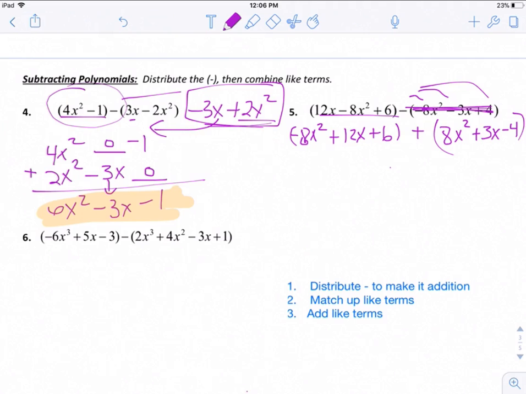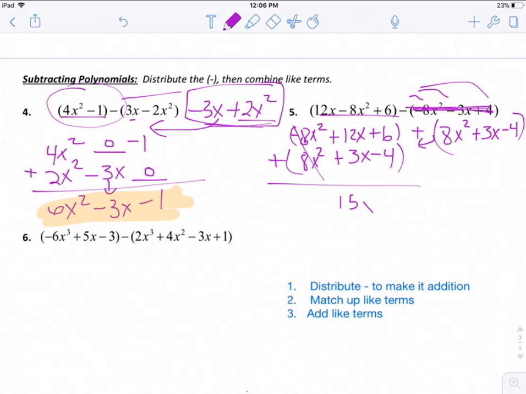And then we can go ahead and add it. So then we will add this one to the bottom with our addition sign. So we've got 8x squared, we've got plus 3x, and we've got minus 4. So this one they cancel each other out, -8 plus 8. 12x plus 3x is 15x.